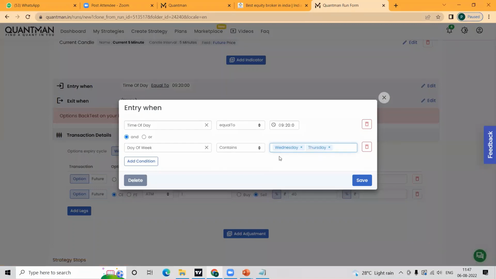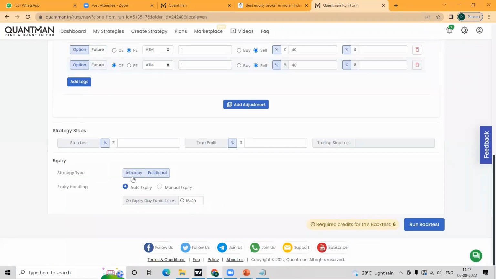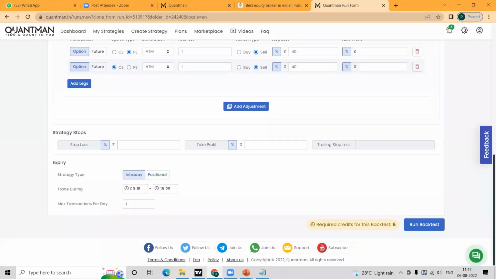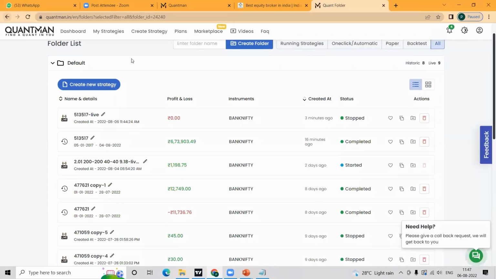If you put these conditions, then it will take trades only on Wednesdays and Thursdays. You can select intraday or positional. We are conducting a lot of sessions, so don't worry about it. I wanted to tell you the features of what we have.